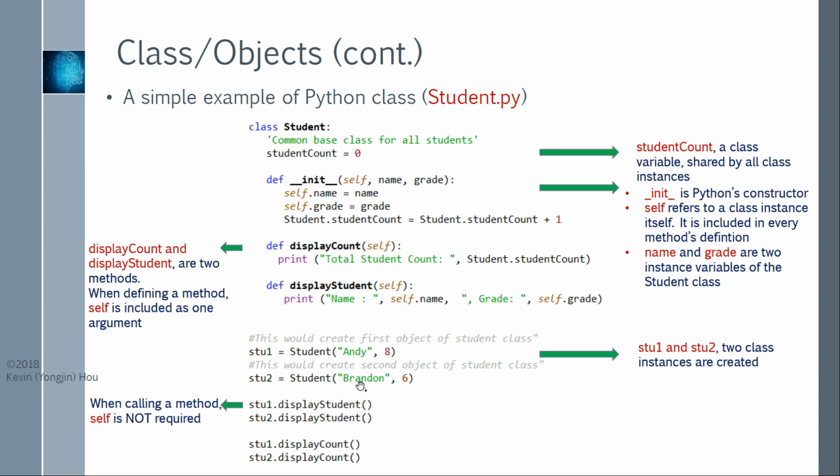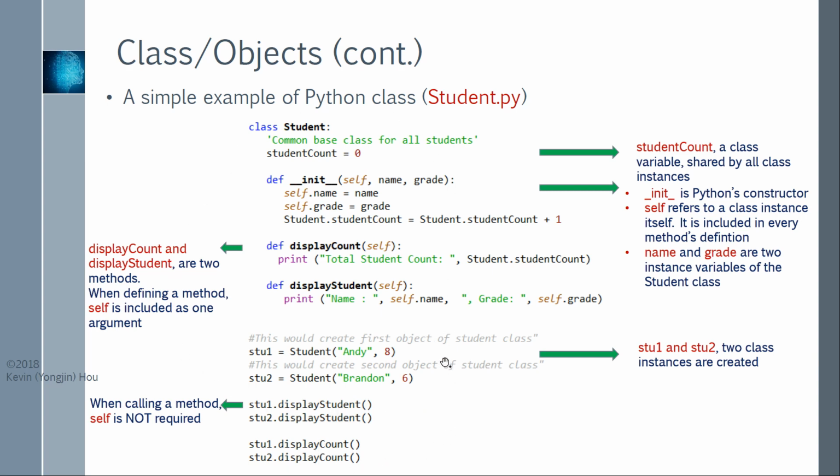Then there's a second student we're creating here, and this student has the name Brandon and grade 6. Now we've created the first student and the second student. We're going to call the display student function for the first student and then for the second student, and we'll display the count for the first student and the second student.